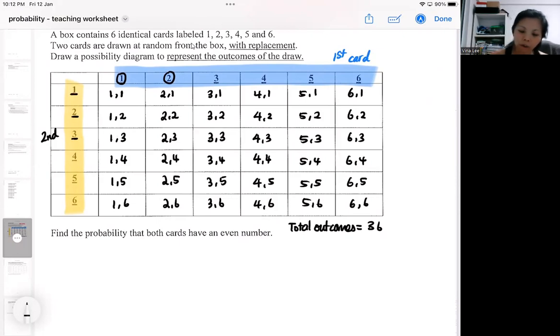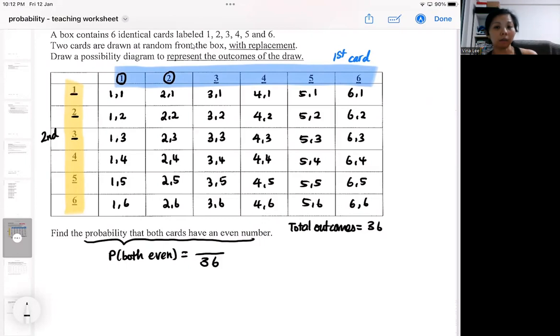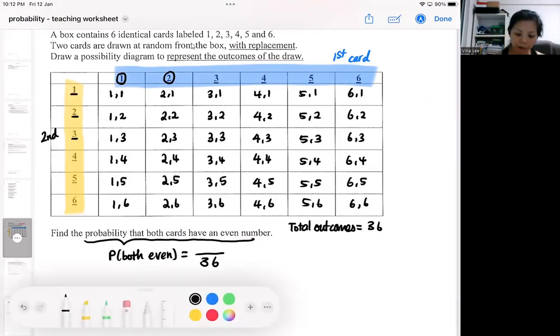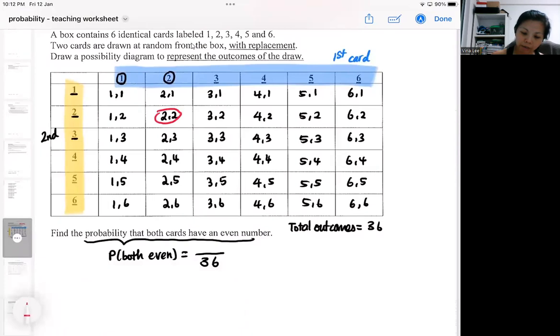Okay, so if you want the probability where both are even numbers, the denominator will be 36, because you have 36 possible outcomes. Then from there, your job is to look at the outcomes where both are even.